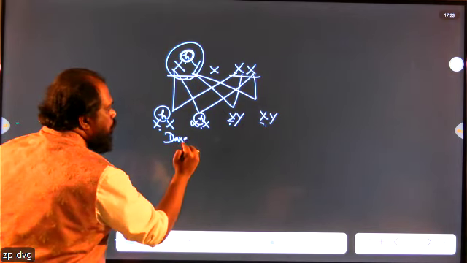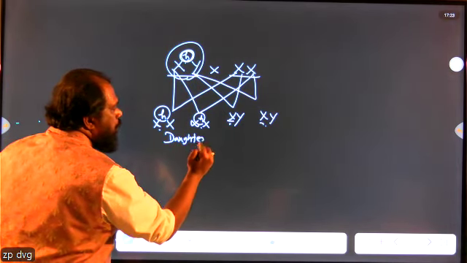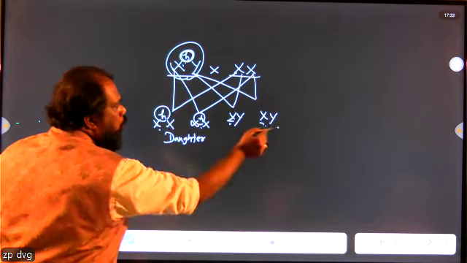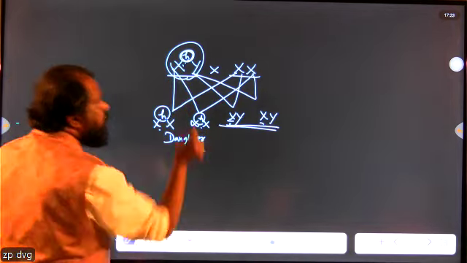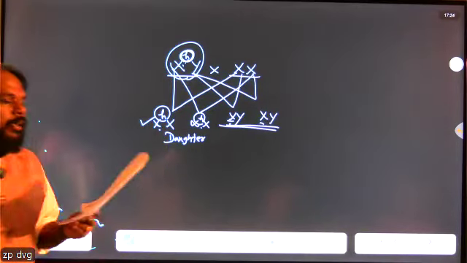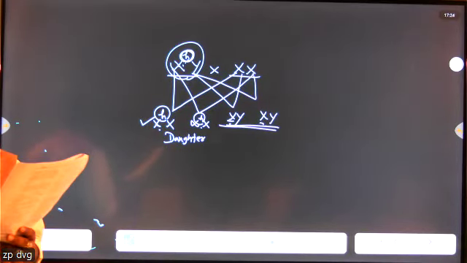Understood? So what is the conclusion? Father will not transfer the hemophilic gene to the son. Now look at option 1: hemophilic father to pass the gene to his daughter. Yes, that is the correct statement.